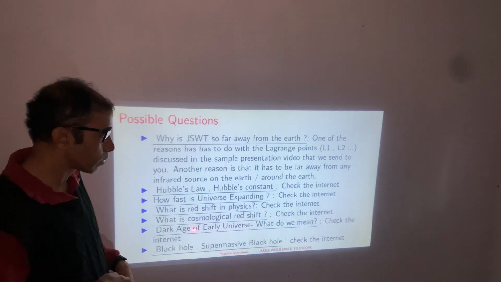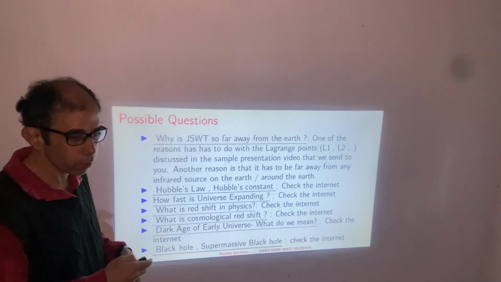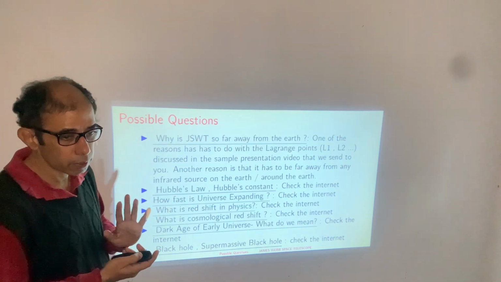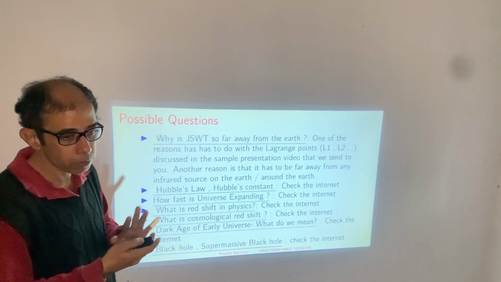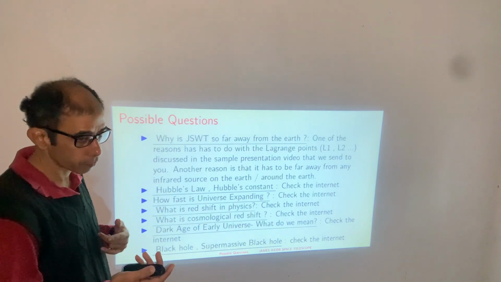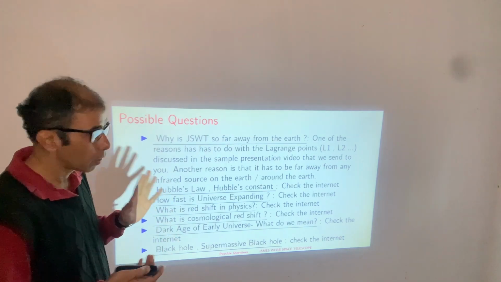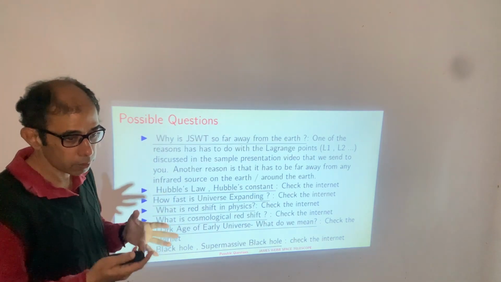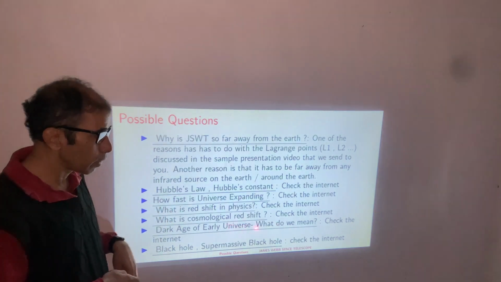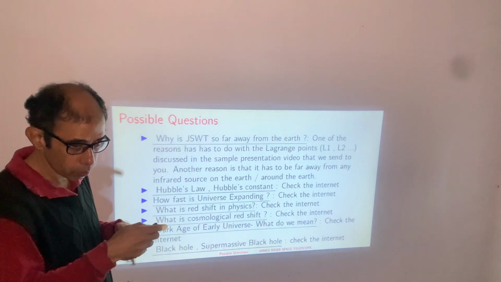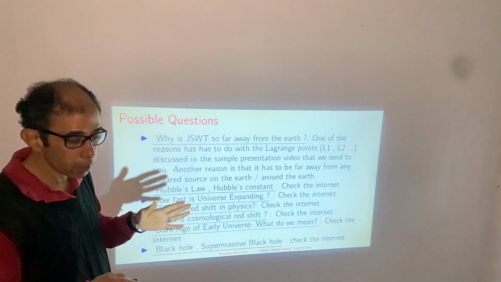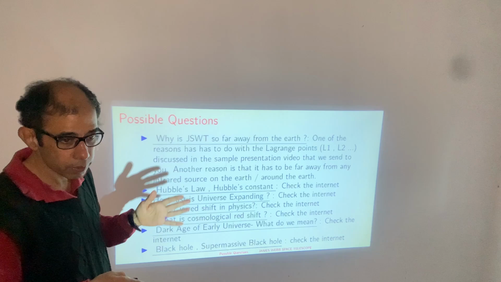So, the dark age of the early universe. What is the dark age of the early universe? When the universe began with a big bang, it was so hot that everything was in a state of plasma, everything was ionized. There was no neutral matter. We had nuclei and electrons, a soup of charged particles. When an electromagnetic wave, meaning electric and magnetic field, goes through charged particles, the charged particles get disturbed.